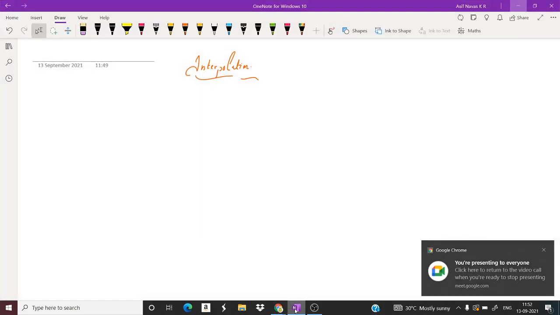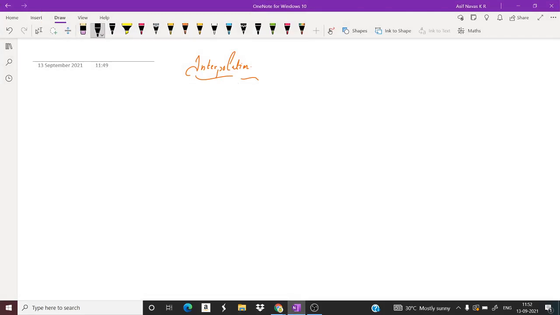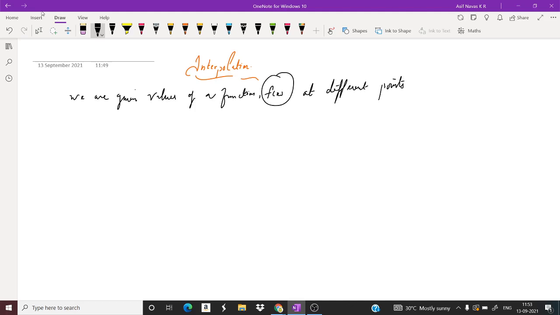Okay, so next topic is interpolation. So let me define what interpolation is. We are given values of a function f of x at different points x0, x1, etc. up to xn, and we don't know what this function is.